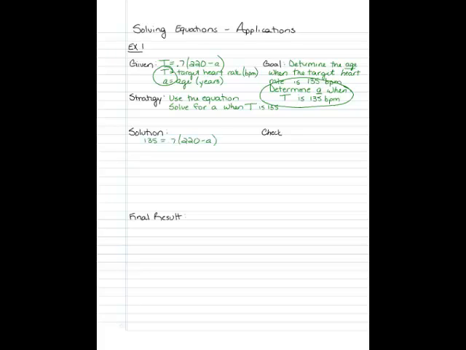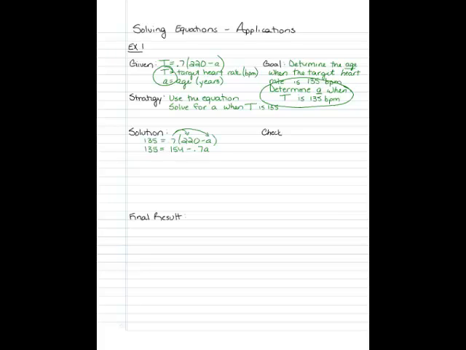Solving this for A. Your first step is to distribute the 0.7. You want to remove the parentheses. So you have 135 equals 0.7 times 220. You may need to use your calculator for this one. It comes out to 154 minus 0.7 times A, which is just 0.7A.